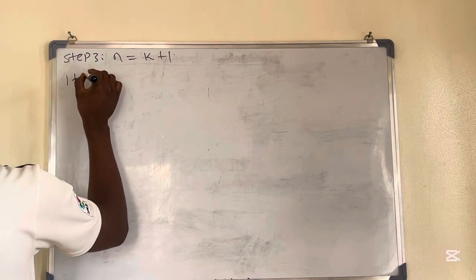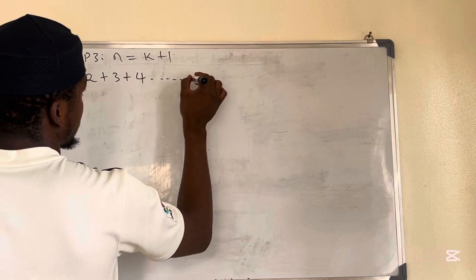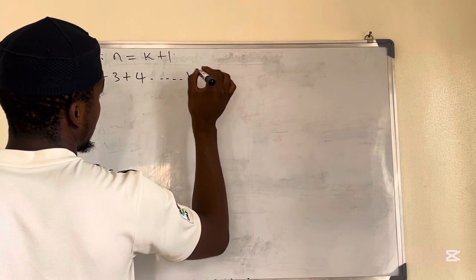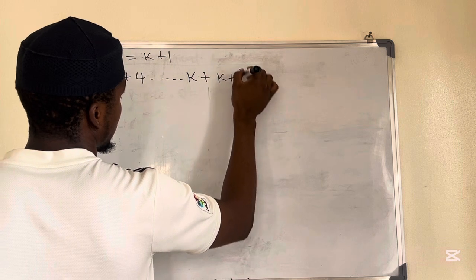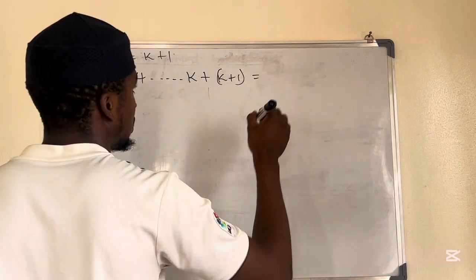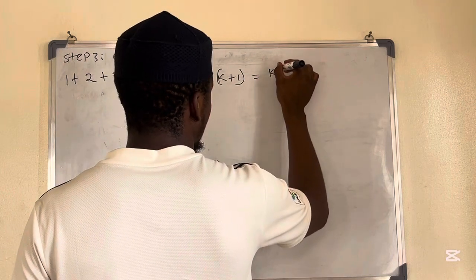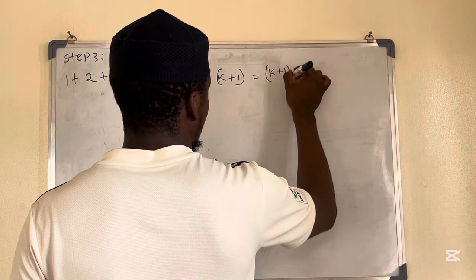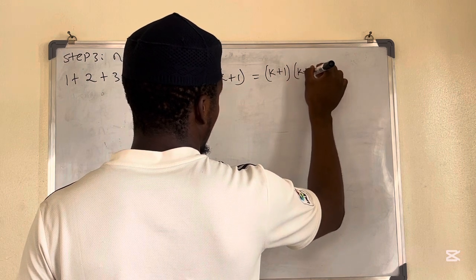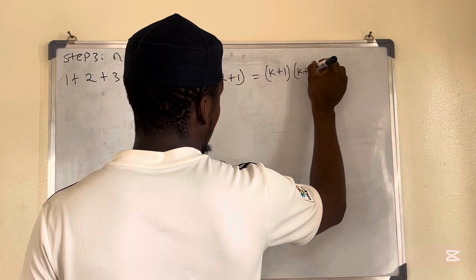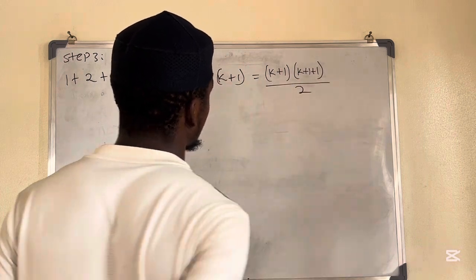So we have 1 plus 2 plus 3 plus 4 down to k, and incrementing by 1, we have k plus 1, which is equal to k plus 1 into, since we have k plus 1 here, k plus 1 plus 1, all over 2.